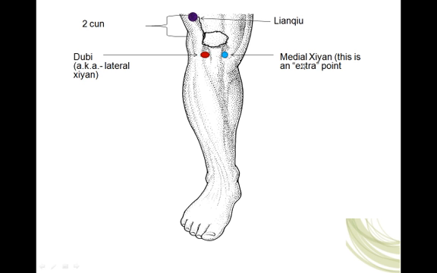It's not on any channel, but it's an extra point for stiffness and pain of the knee. These points are often used together for cases of knee pain. Okay, but here is the qi cleft point of the stomach channel, 2 sun above the lateral superior border of the patella.